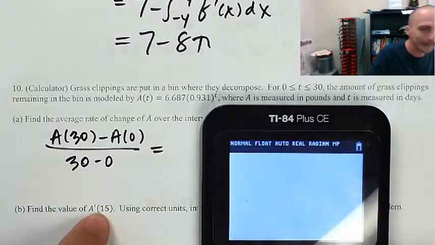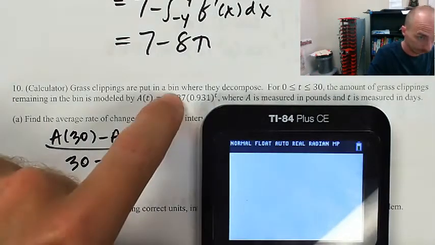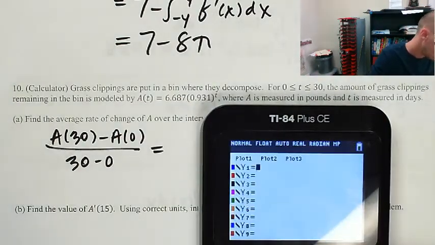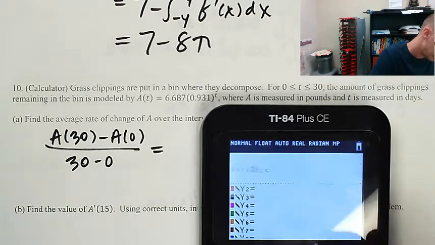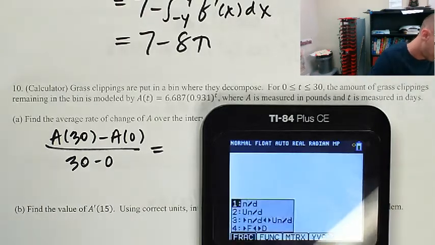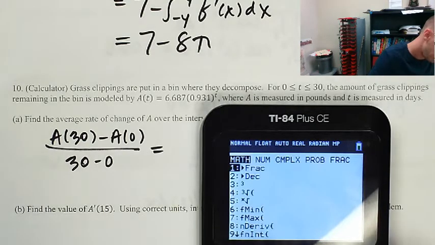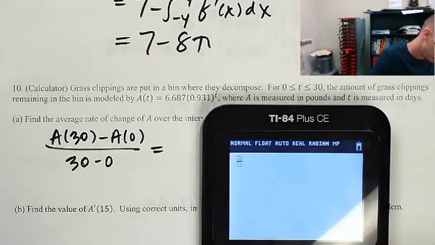So since I need to use this function twice, I'm going to plug it into y equals. 6.687 times 0.931 to the t. All right, and so I'm going to set up a fraction. Wait, no, not math. I put A of t into y1.